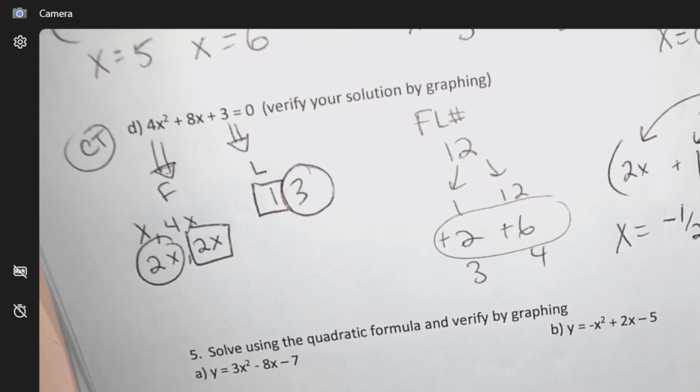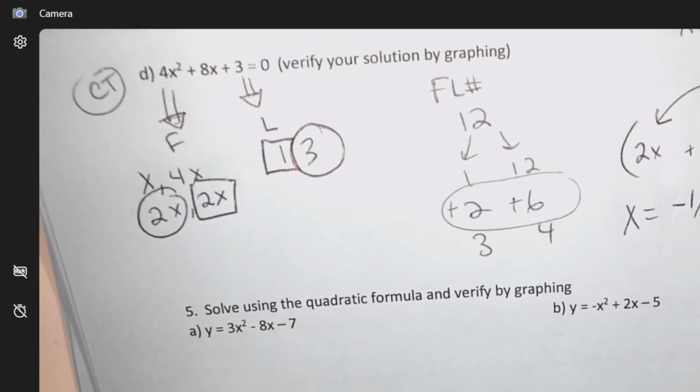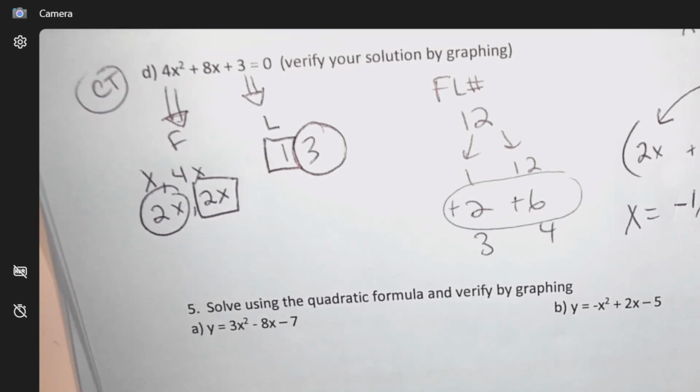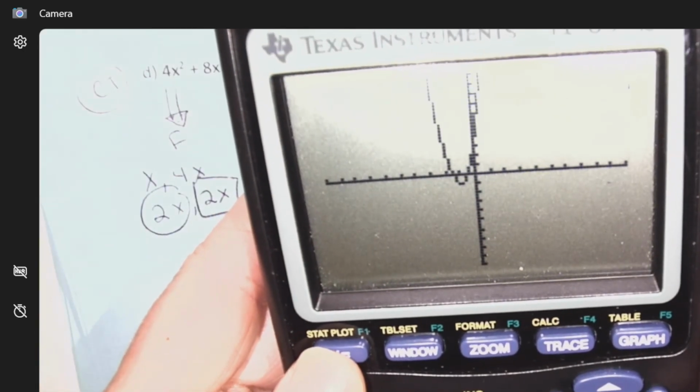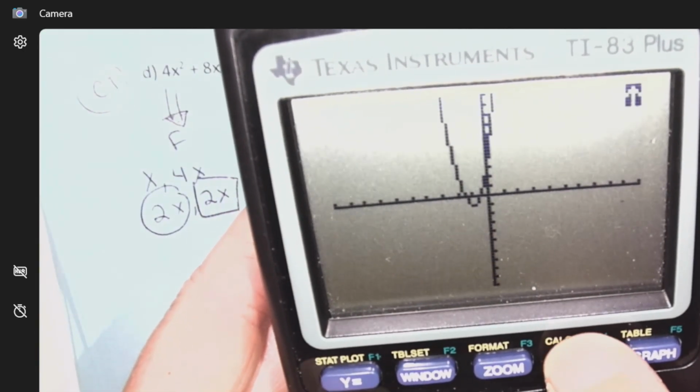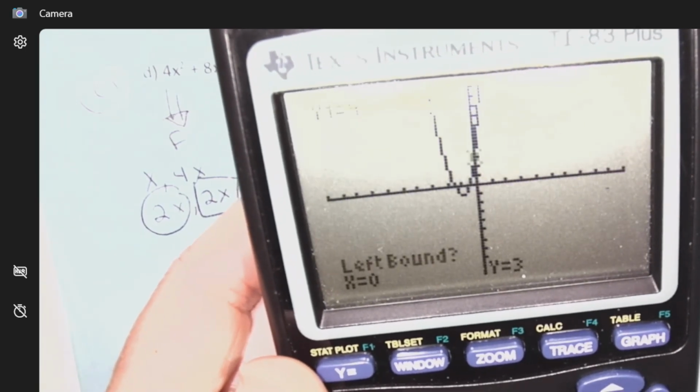What can you do? On your calculator, you can always put these equations in. So I'll do it just to save time. Don't worry about it, just watching. So I put it in my calculator. Second, calculate, zero.